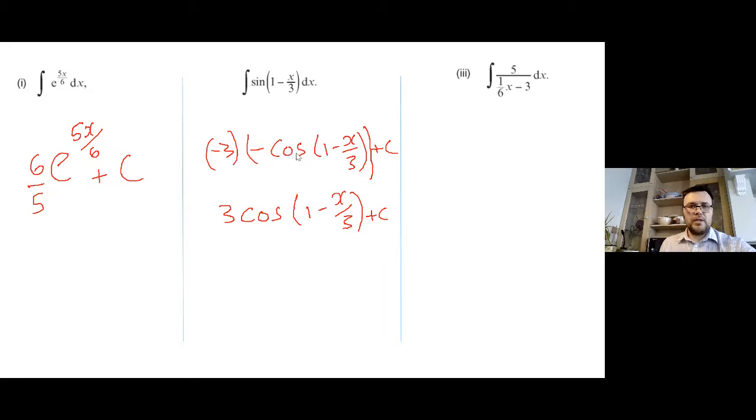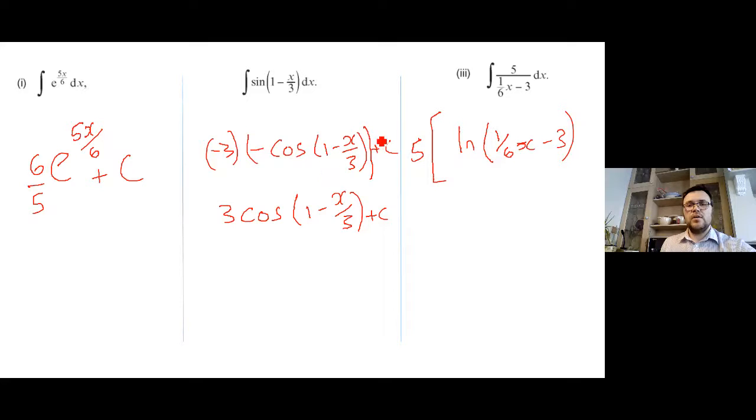Because it's going to be underneath, it'll be 1/6x minus 3 to the minus 1, and what I'm hoping you've seen before is that it turns into a log of 1/6x minus 3, and then we've got to deal with this 5, which is already there and is a constant.